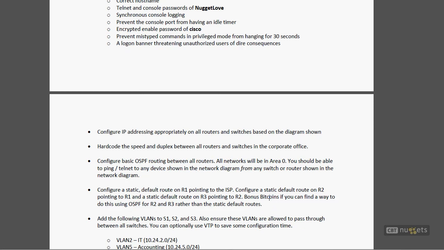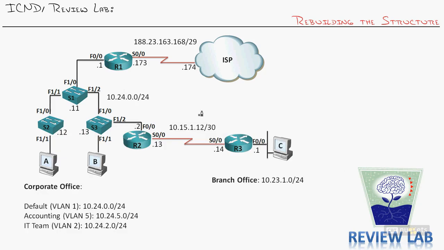Let me first talk through what that goal is. I'm on router 1. I'm going to set a default route to go to the ISP so we can access whatever is out here on the internet. And by the way, the ISP is just a test device. I've got 2 IP addresses on there we can ping, 4.2.2.2 and 8.8.8.8, to tell us that we're successful with our communication there.